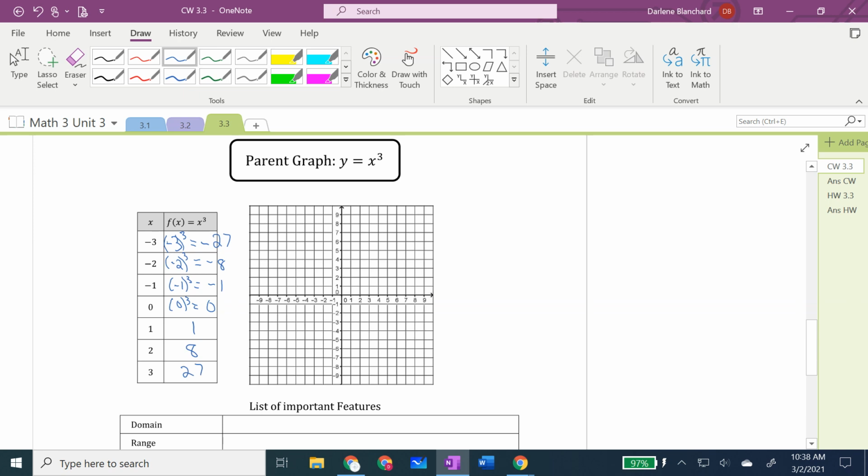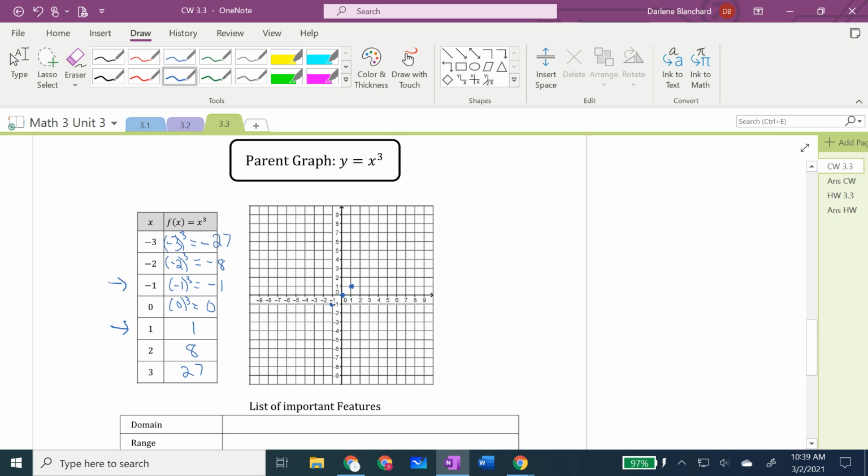So plot the points you are able to plot on the grid. 27 and -27 are off grid, so just plot everybody else. Okay, so we've got 0, 0. We have a 1, 1, and a -1, -1.